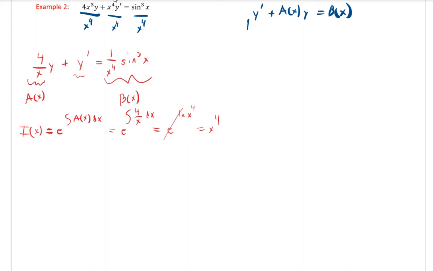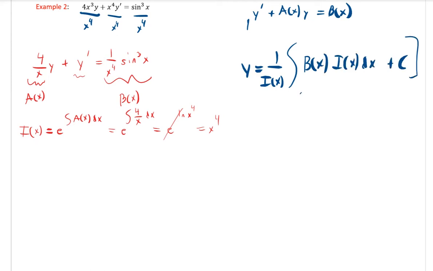That means if I take the general form, which remember the general form is y equals 1 over I(x) times the integral of b(x) I(x) dx plus c, I'm going to get that y is equal to 1 over x to the fourth times the integral of b(x), which is 1 over x to the fourth sine cubed x, times I(x), which is itself x to the fourth, dx plus c.